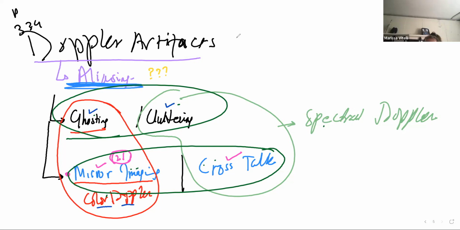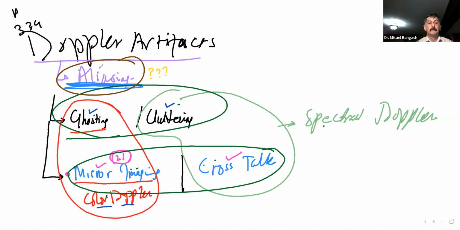And then we had aliasing, which we already talked about. It is called aliasing whether we do color Doppler or spectral Doppler. It doesn't go under another alias in color Doppler and under another alias in spectral Doppler.